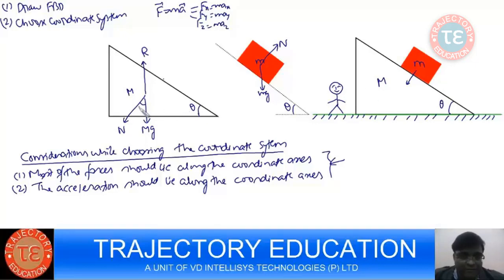Obviously he'll see this N is an uncompensated force. By geometry you can prove that this angle is theta. So N has an uncompensated component in the backward direction.